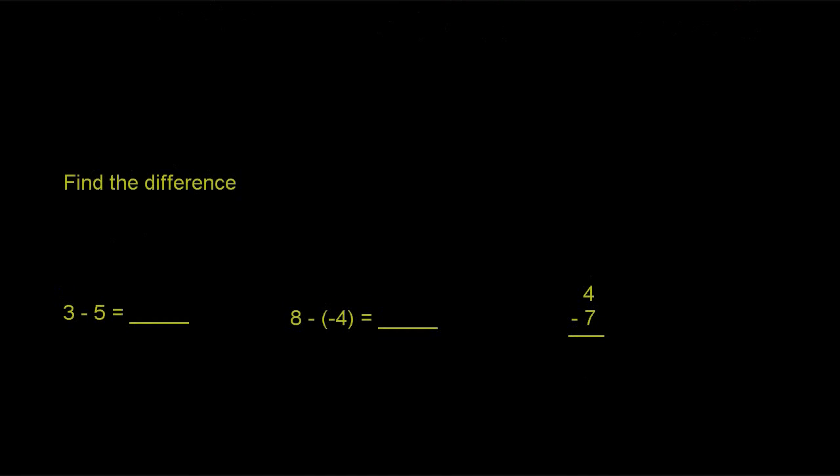The next set of 3 problems, we are to find the difference, and difference is just the answer in a subtraction problem. So now it's time to bring in some subtraction rules. And there's not much in the way of rules for subtraction.